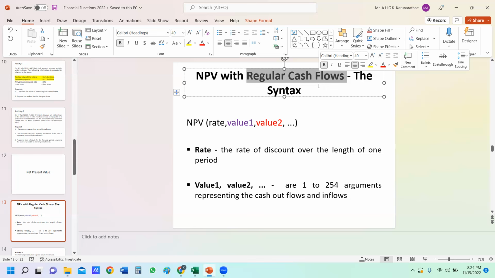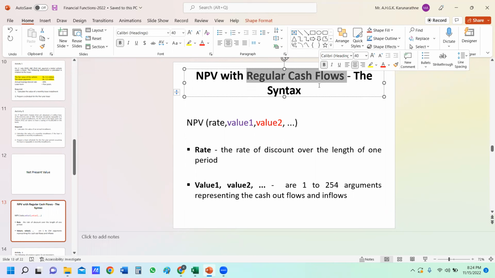It is assumed all cash flows occur at the end of each period. For example, let's say we are in 2022. Today is 15th November. Let's say we received 1 million for our project.